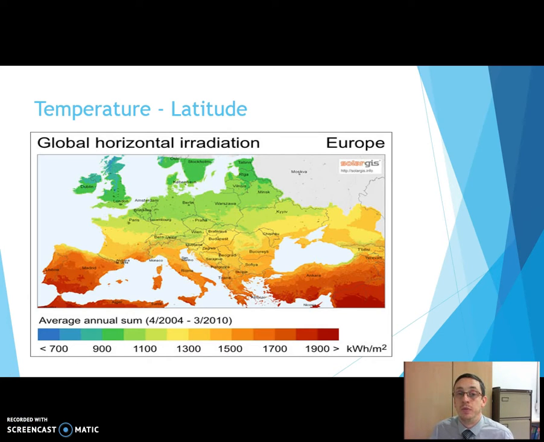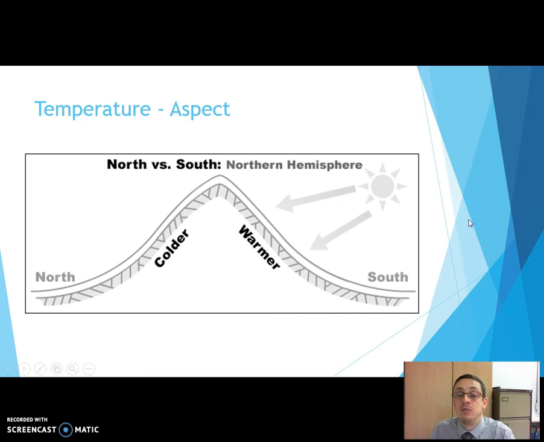Now, as we move further north or south from the equator, and it's obviously north in this case, because we're looking at the northern hemisphere, we're looking at Europe, we see that it's not that the Earth's moving further away from the sun, but due to the curvature of the Earth's surface it is further away from the sun, so the amount of solar insolation, the amount of solar radiation that we get is lower, so temperatures get lower as well.